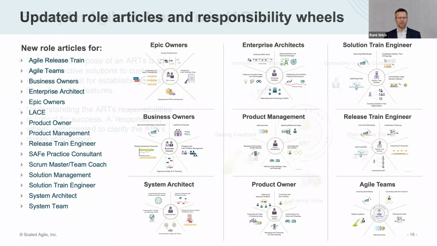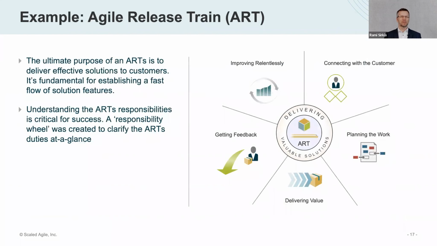We can take an example. Now we can use a responsibility wheel for the artifacts as well. So here's an example for the ART. Obviously it's not a role as such, it's an artifact, it's a construct, the team of teams. What would this team of teams need to do? Obviously they are delivering the products and services, so they should be very closely linked to the customer, either through the product owner or other means, so that you really understand what the customer wants.